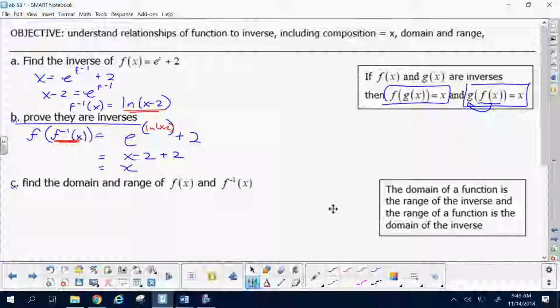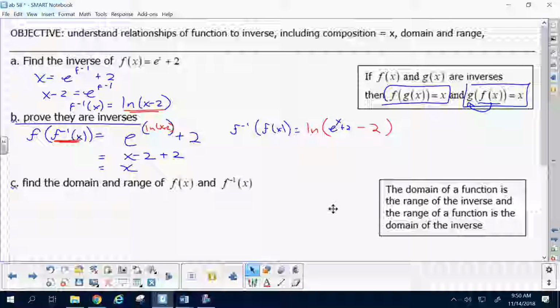You try the other way. Prove that if you put f into the inverse, that they will undo each other. It should look something like that, yeah?